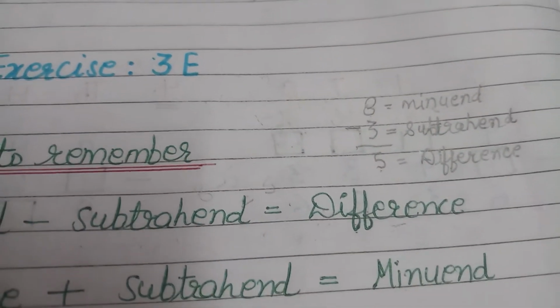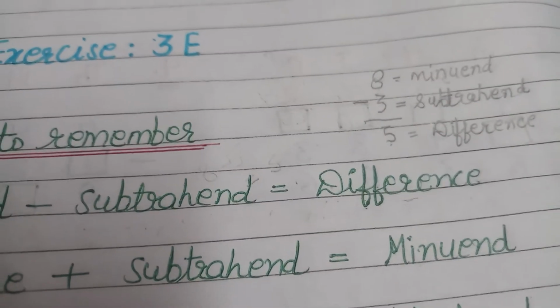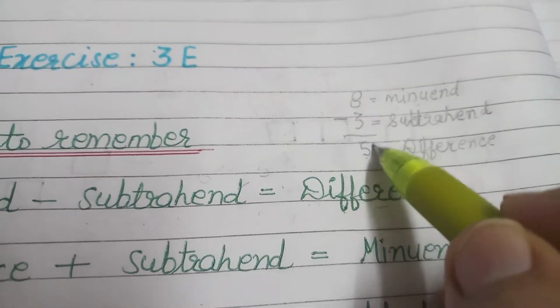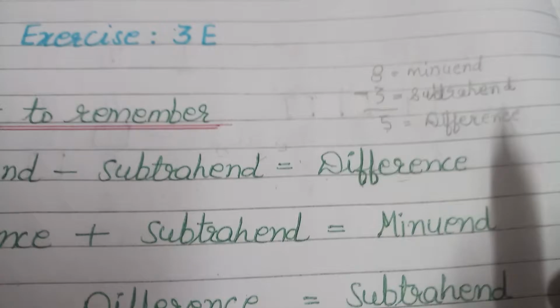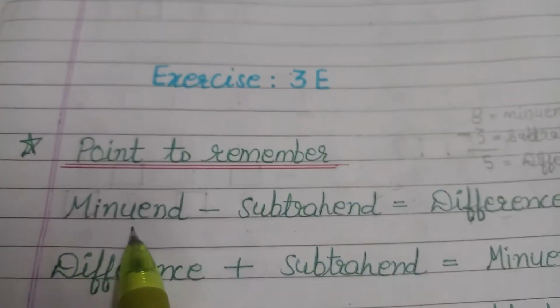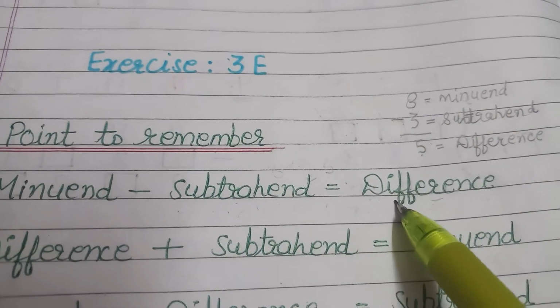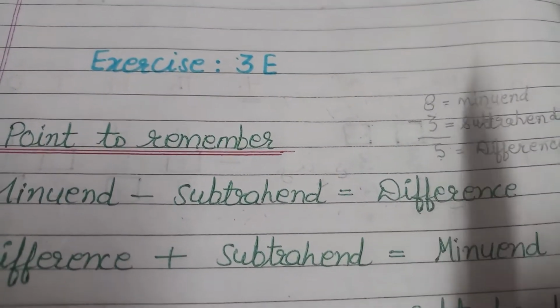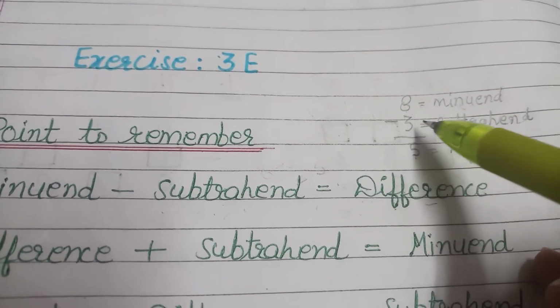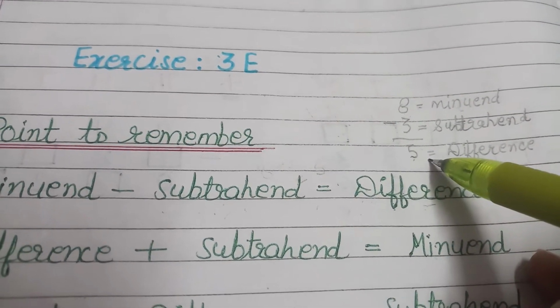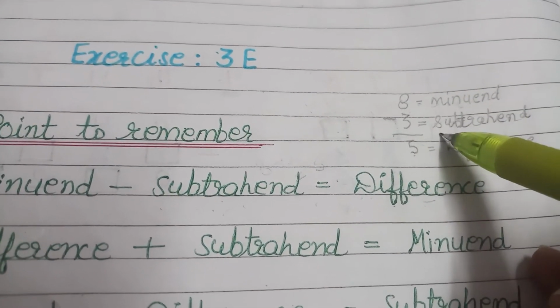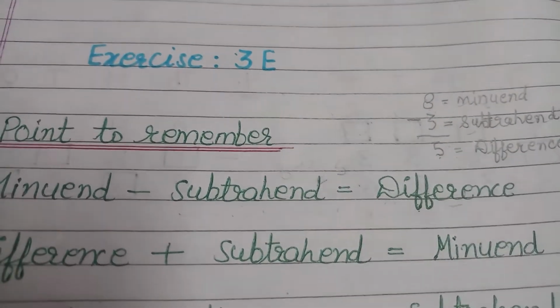Now when we have missing digits, with this small example we will understand how we will find them. The first point is minuend minus subtrahend is difference. This we all know.